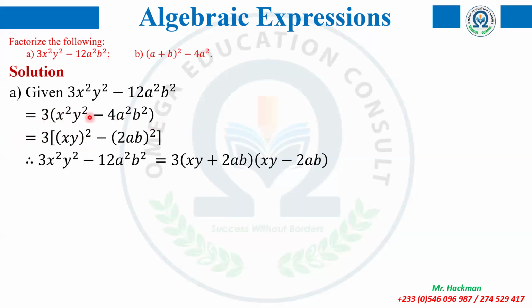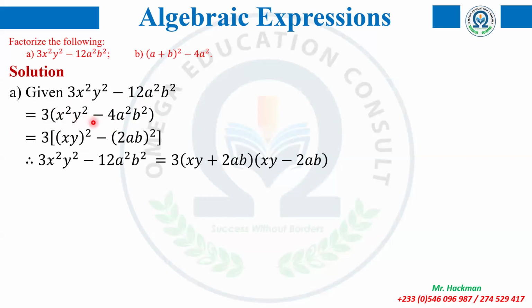So you have done your factorization. However, I can see that my factorization is not complete, because in the expression in the second factor, my first term is obviously a quantity squared, and my second term is also obviously a quantity squared, with a minus between them.